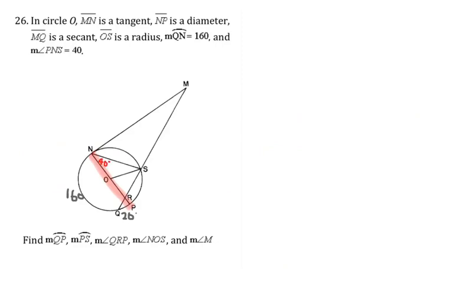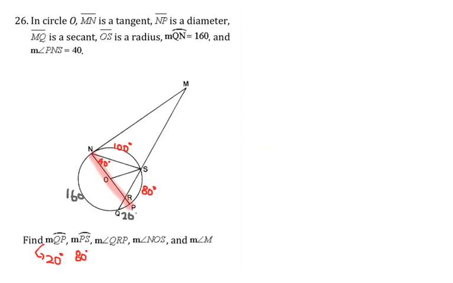That tells us SP would be 80, because the intercepted arc is double the inscribed angle. Since MP is the diameter and SP is 80, then NS must be 100, because together they become 180. What is QP? We figured it out, it was 20. What is PS? That's 80. We already figured both of them out.